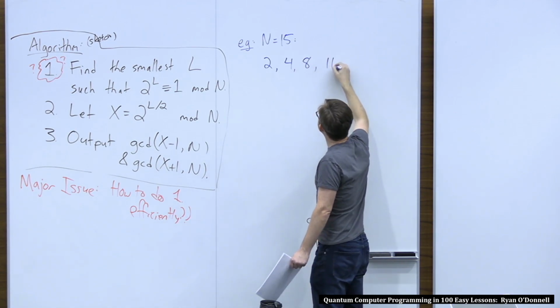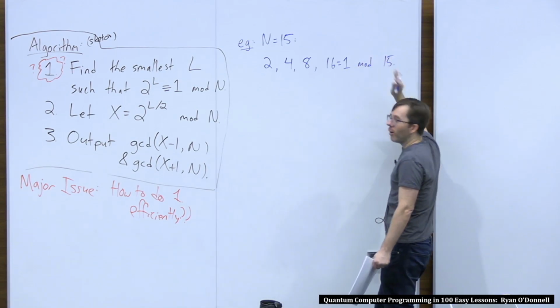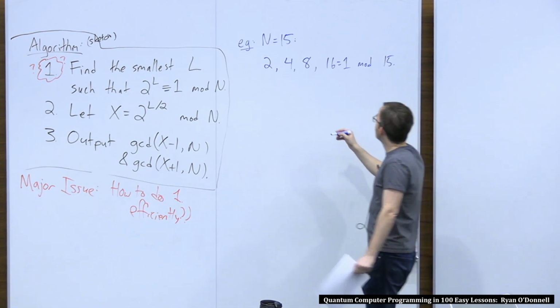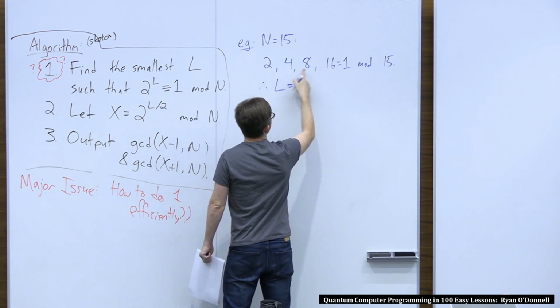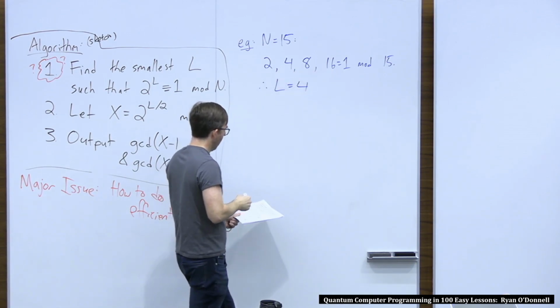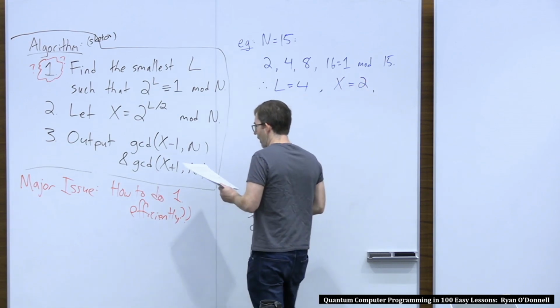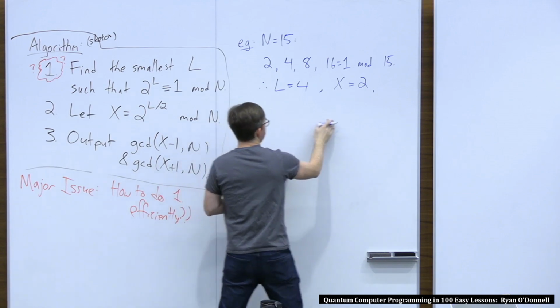But 16 is 1 mod 15. And hey, we're already done. We found it. This is the smallest power of 2 that's congruent to 1. So that means L is 4, because this was the 1, 2, 3, 4th power. Okay. That means this x is 2. And so then we compute, oh, sorry, not x is 2.